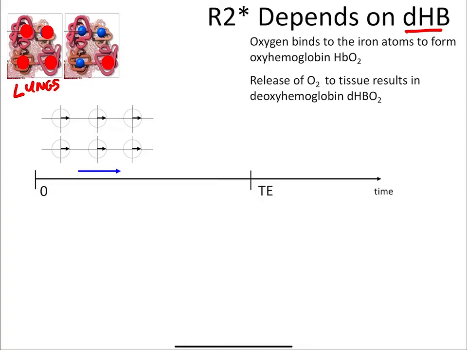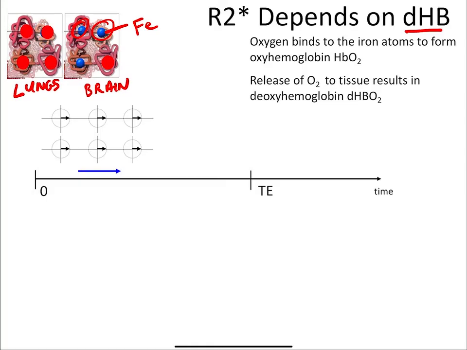The red things are representing oxygen atoms, and they're binding to your hemoglobin. Now, as you go into the brain, that oxygen gets used up, and so it exposes the core of those deoxyhemoglobin molecules. And these are iron atoms. And iron, as you know, is magnetic. So it's going to perturb the magnetic field around it, and it's going to cause the spins to get more out of phase.